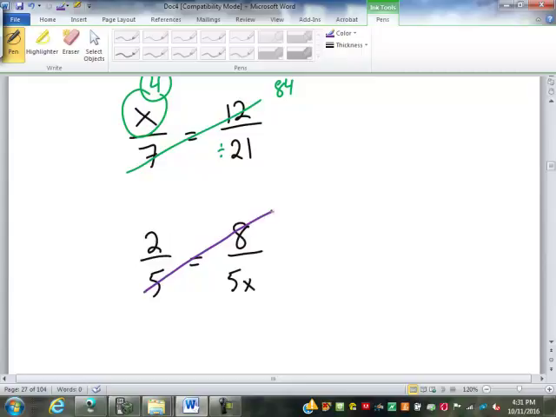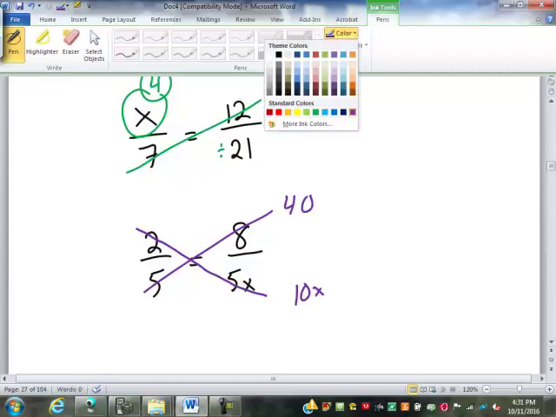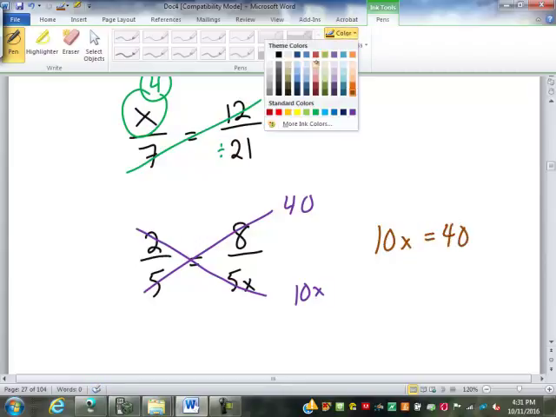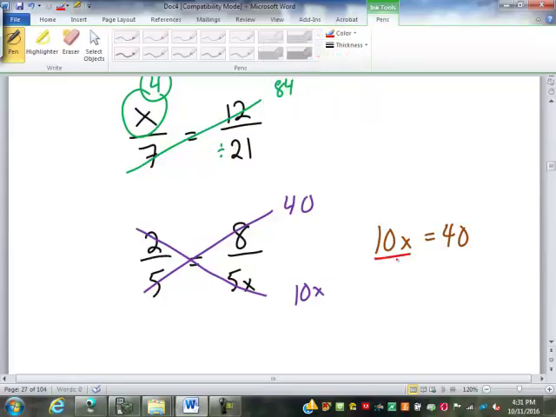So I multiply this diagonal: 5 times 8 is 40. And I multiply this diagonal: 2 times 5x is 10x. And those two cross products, or those diagonal products, have to be equal. So 10x has to equal 40. I solve for x by dividing by 10. X equals 4.